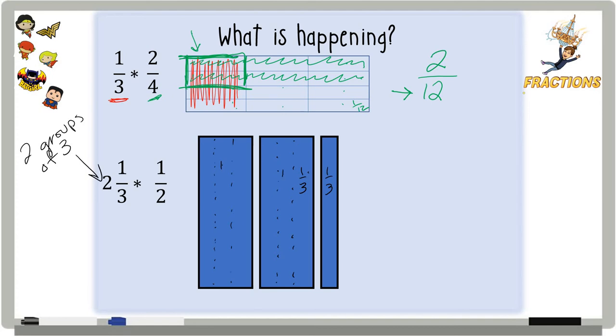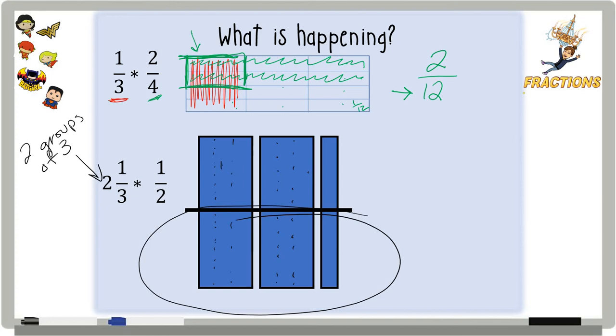I am taking those 2 whole groups that are made up of thirds, and I'm cutting them in half. Just going to go ahead and slice them right down the middle, cutting them in half. Now, remember, the only section that we're looking at then is this section here. Okay, we're only looking at one of those halves.